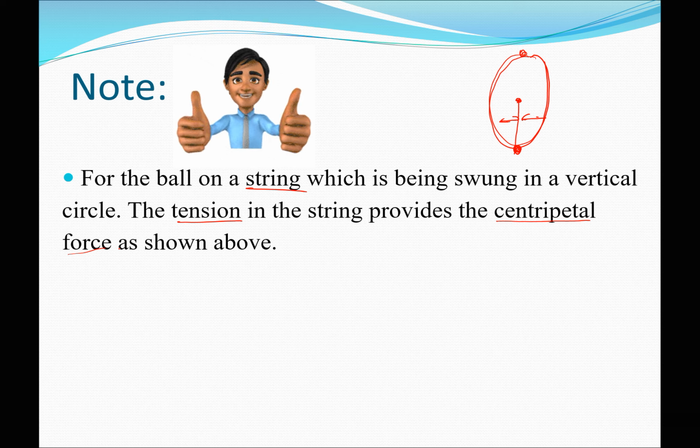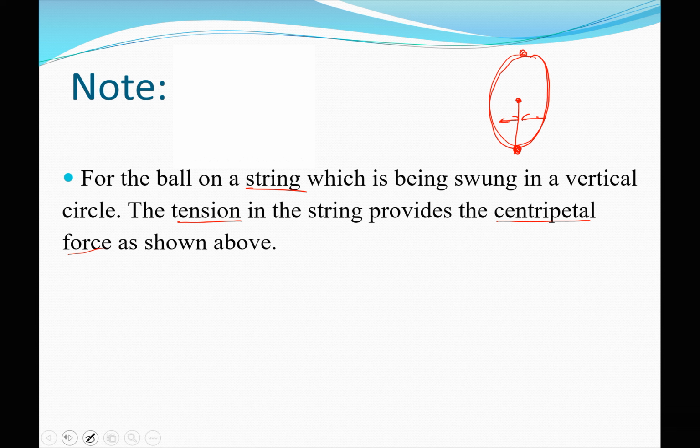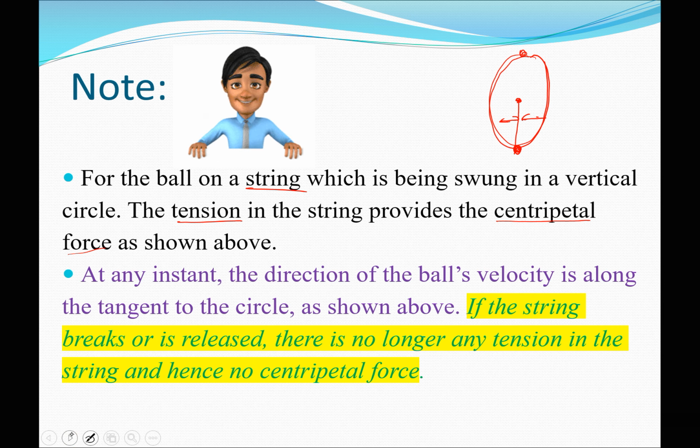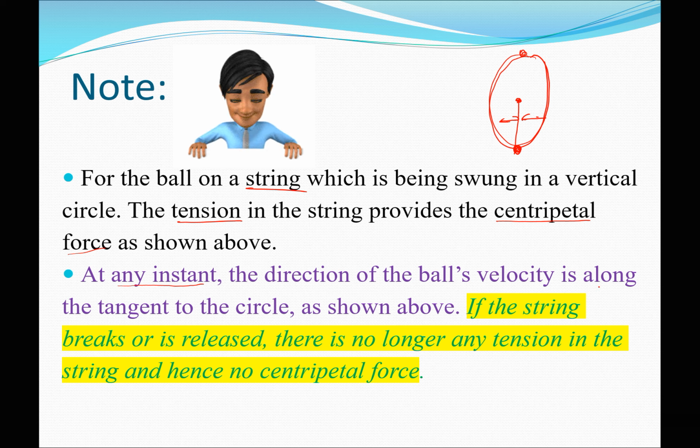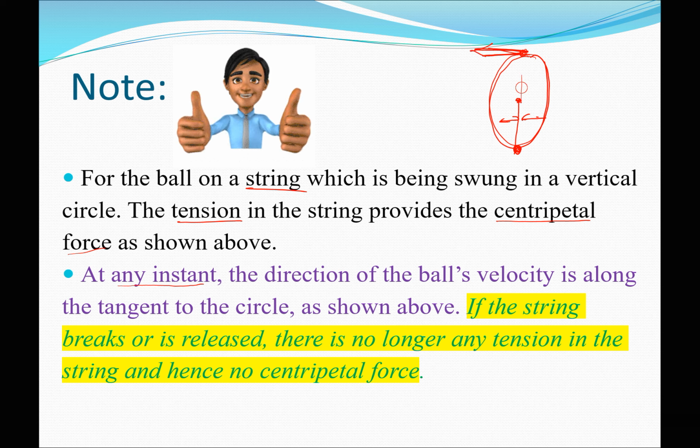And at any instant, we have already seen that the direction of the ball's velocity is always at a tangent. If the ball is here, then the velocity is at a tangent to the circle.